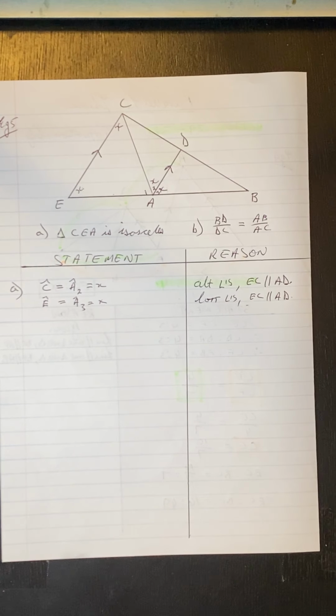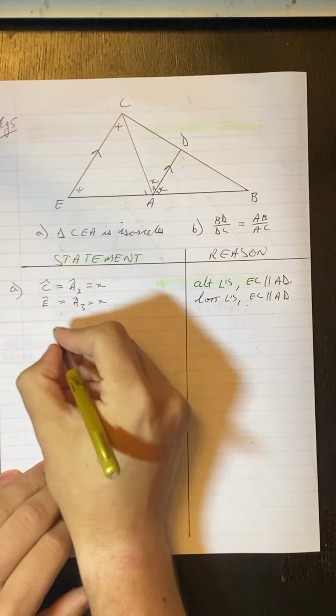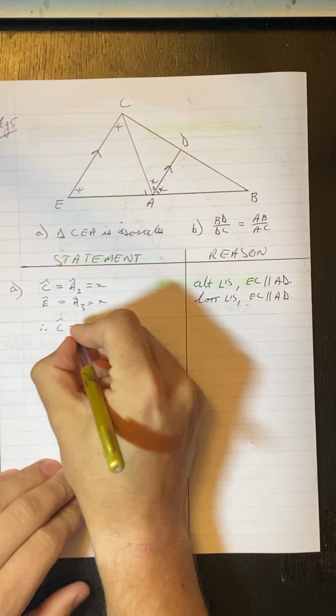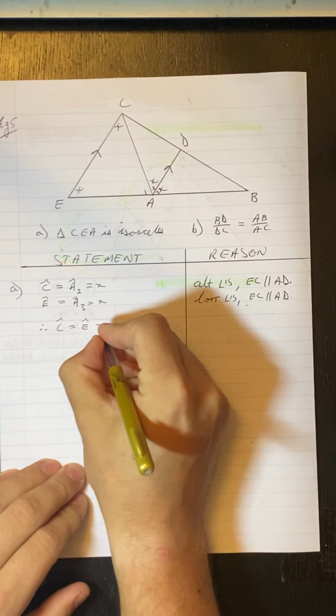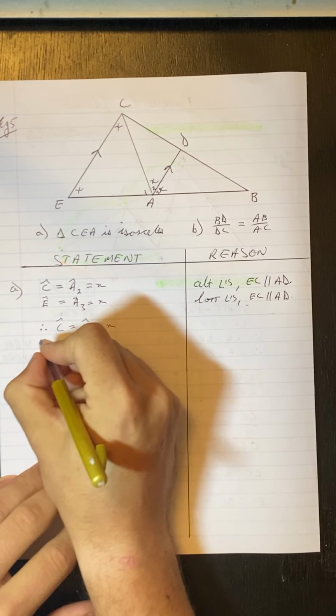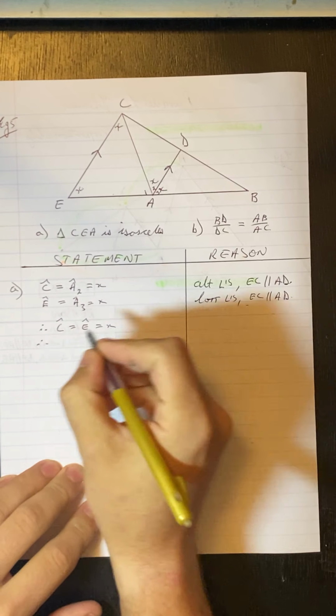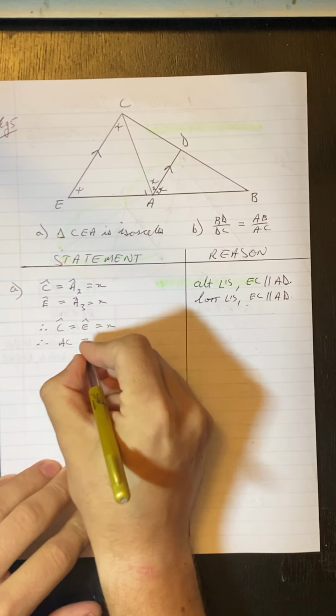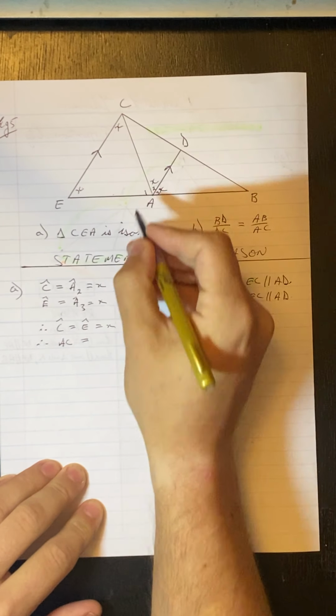All right, so therefore, angle C is equal to angle E, which is both equal to x. Okay, therefore, this AC side will be equal to this AE side.